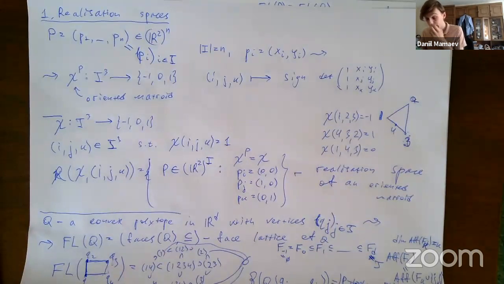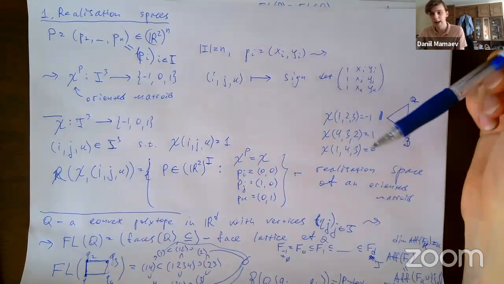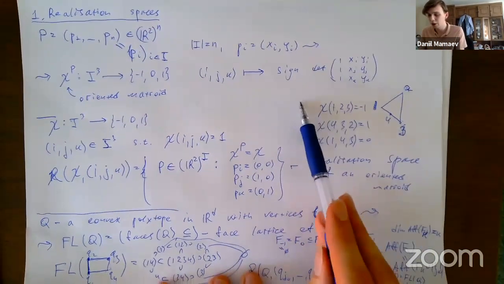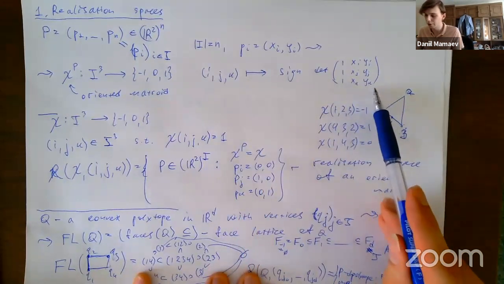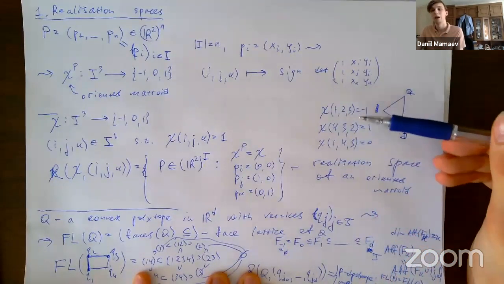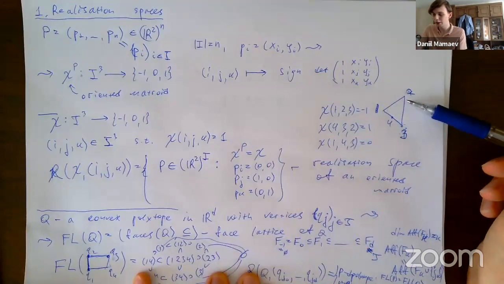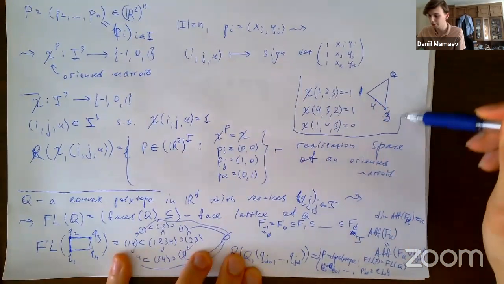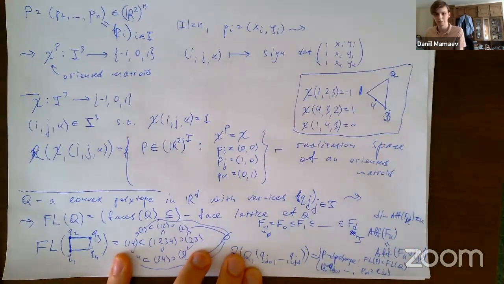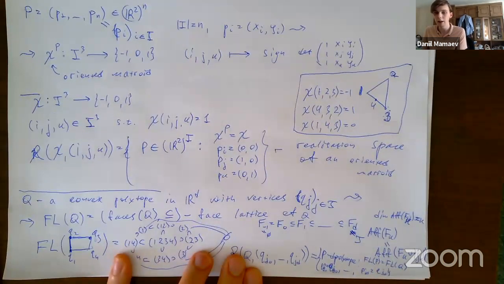From a point configuration on a plane, you can get such a map just by saying, for each triple of indices, whether the corresponding triple of points lies in counterclockwise order or in clockwise order. I think the example is enough to understand the definition of this chi. And then from a given chi, you get a realization space.